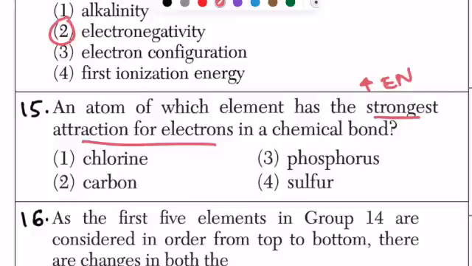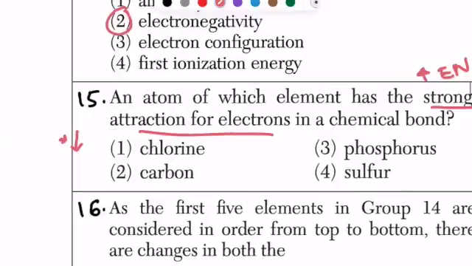Across the period, electronegativity is higher because now atoms are getting smaller, so there are more chances that the nucleus can attract electrons from other atoms too. So down the group decreases, and across the period increases. The problem, however, is that these trends only work if the 4 options that you are given are either in the same group or in the same period.